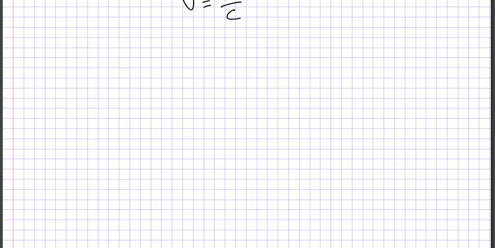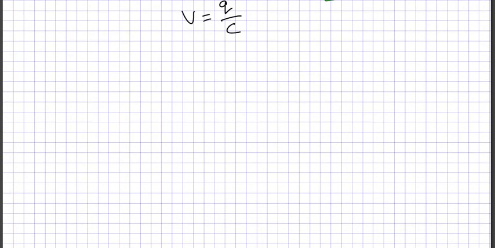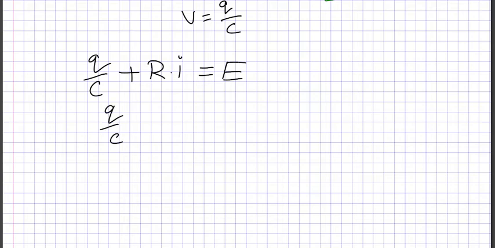So now let us apply Kirchhoff's voltage law to the circuit. The voltage across the capacitor is Q by C, plus the voltage across the resistor is R into I, and that should be equal to the applied voltage E. Or in other words, we can write Q by C plus RI minus E is equal to 0.